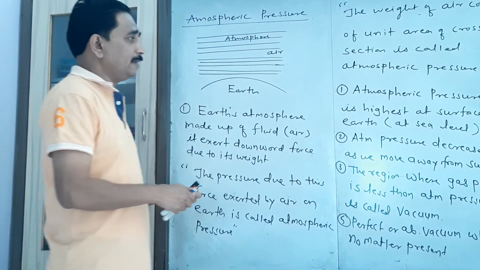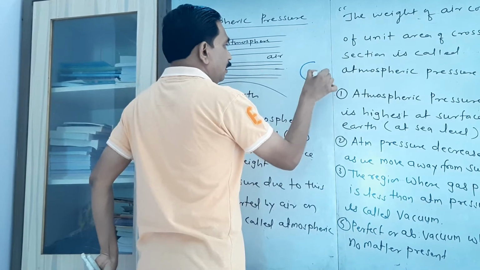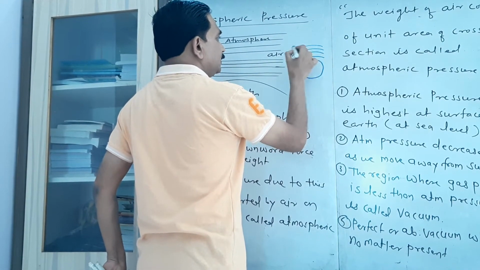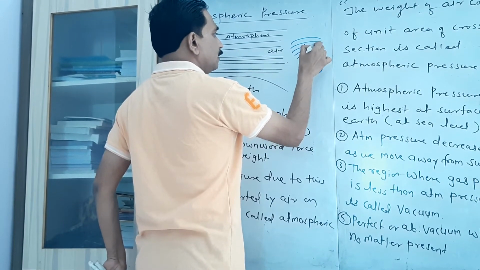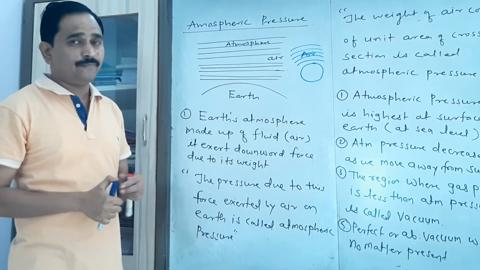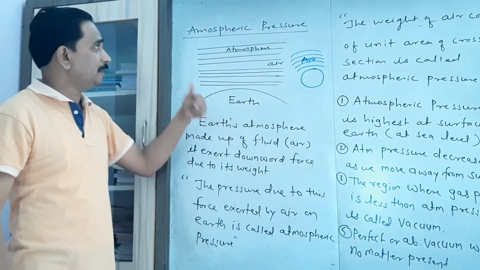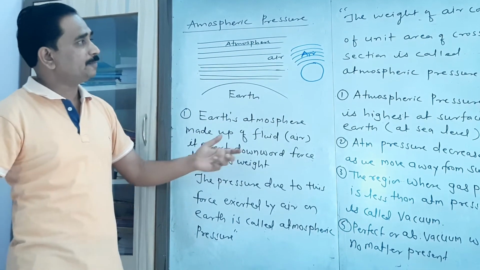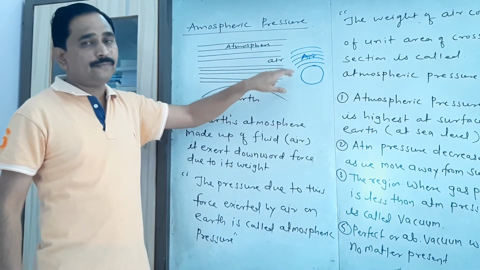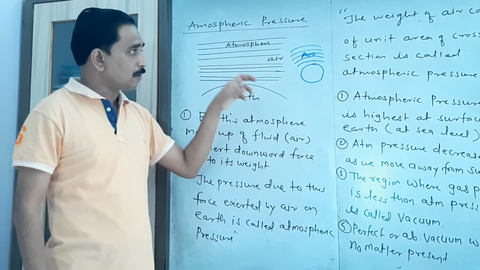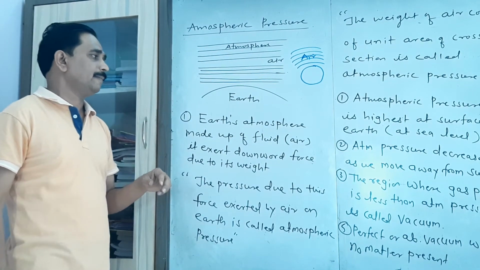All of you know that different layers of air are present around the earth. The envelope of different gases present around the earth is nothing but the atmosphere. What is atmosphere? The envelope of different layers of air or gases is called the atmosphere.